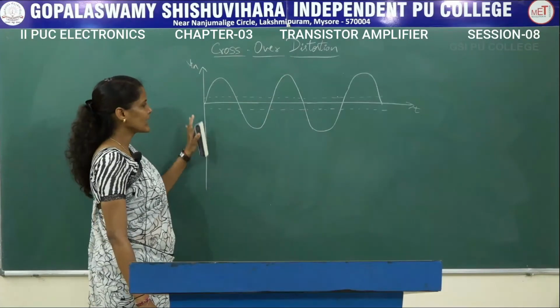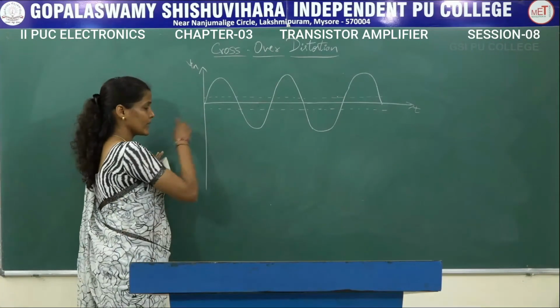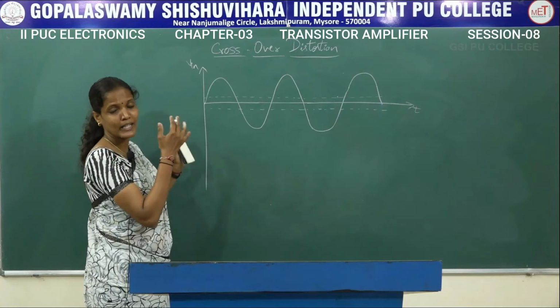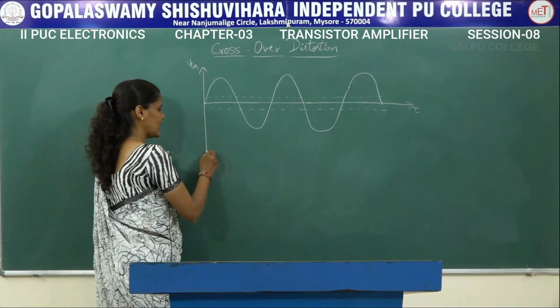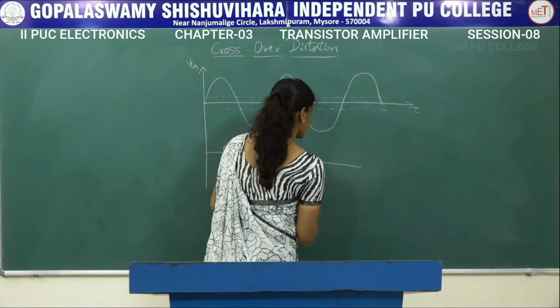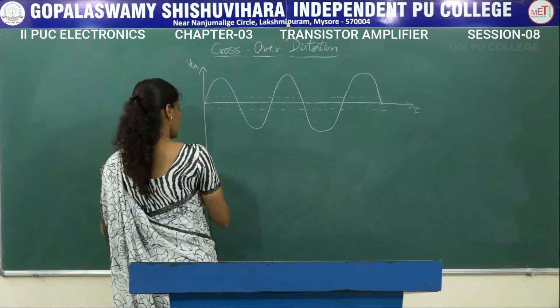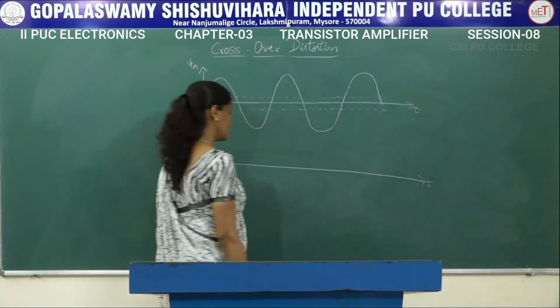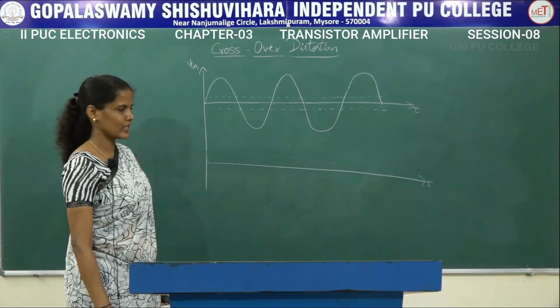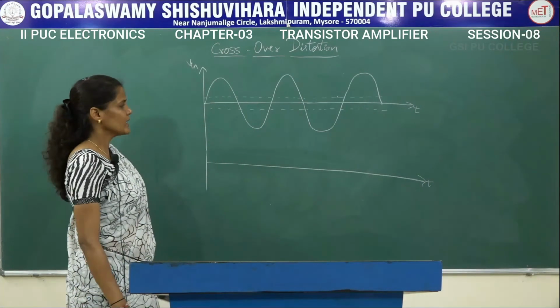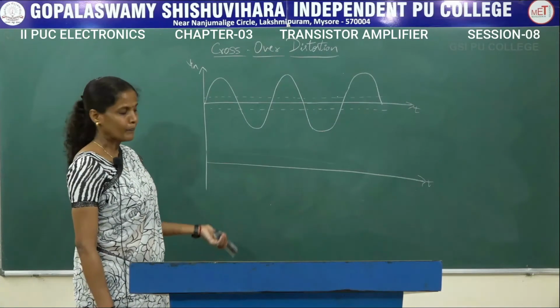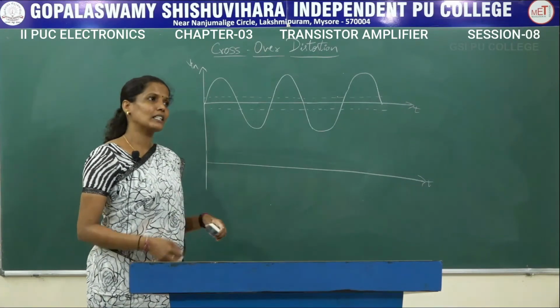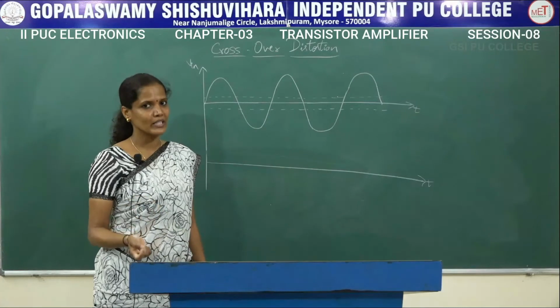This is the input signal we are applying across the class B type of push-pull amplifier. For this particular type of waveform, we are going to get an output which will be distorted to a small extent. So how will that distortion occur? The transistor will not conduct all of a sudden when the input signal is applied.